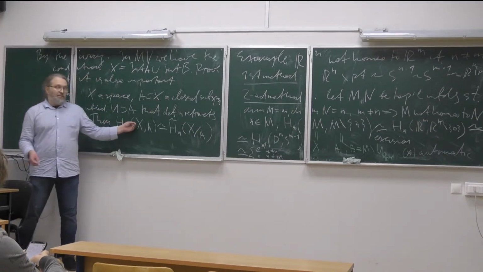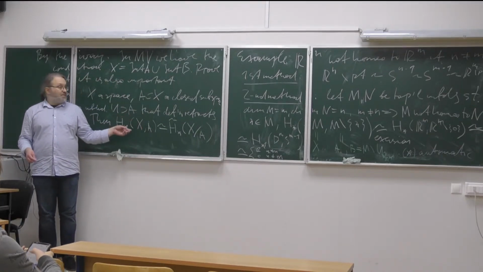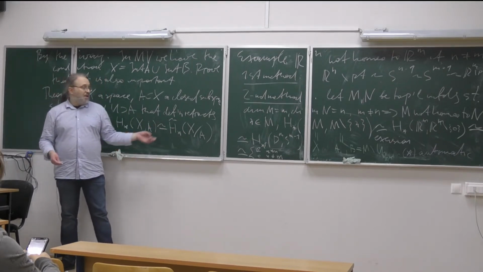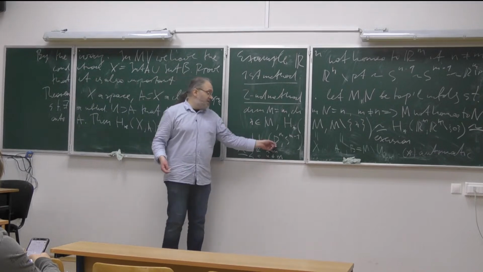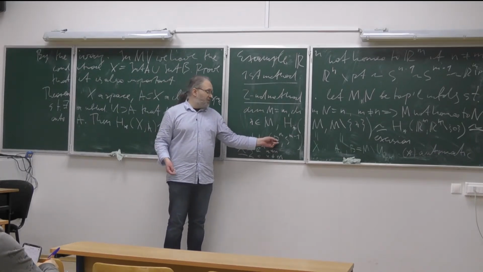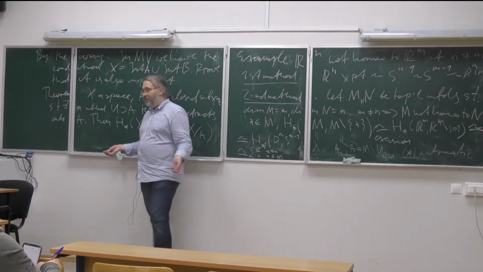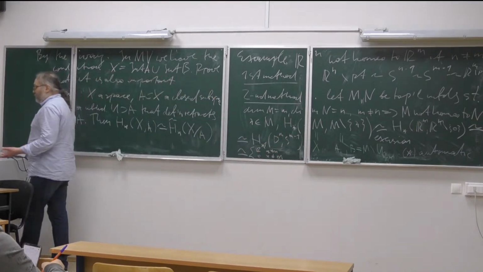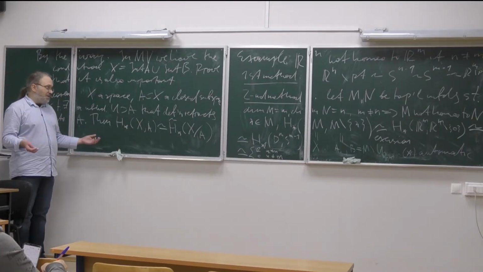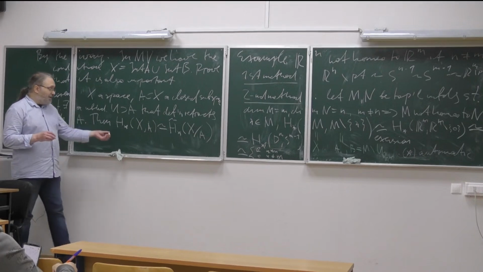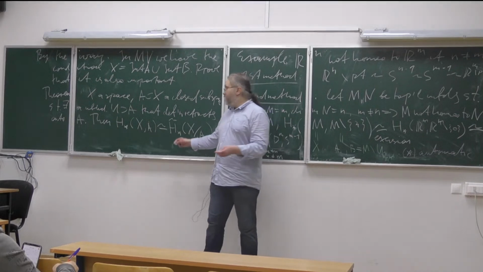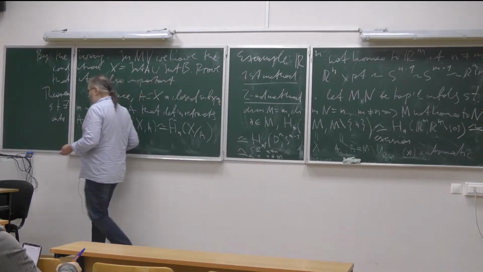Then my claim is that the relative homology is the same as the reduced homology of the quotient space. This would help us. For example, here, the quotient space in this case is the sphere, which is something very familiar. But anyway, let's try to see why this is true.